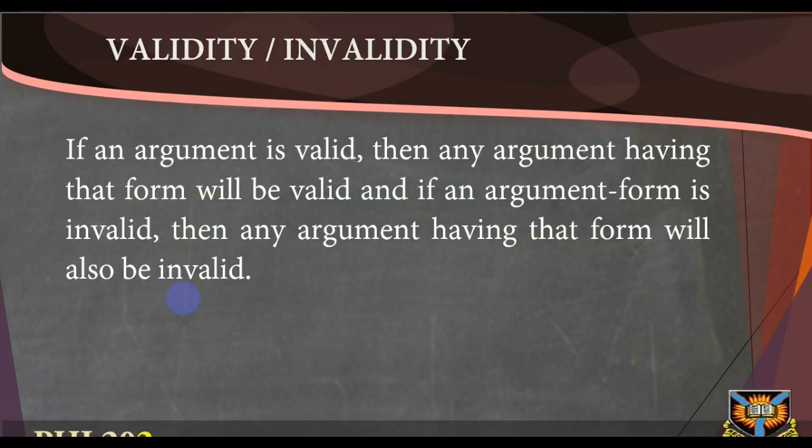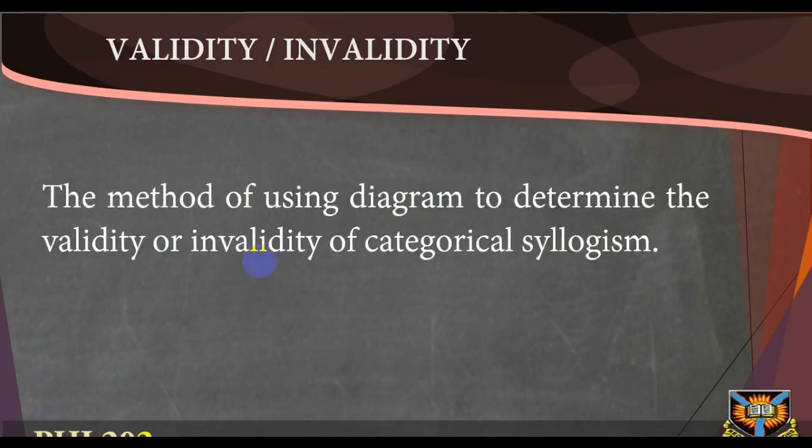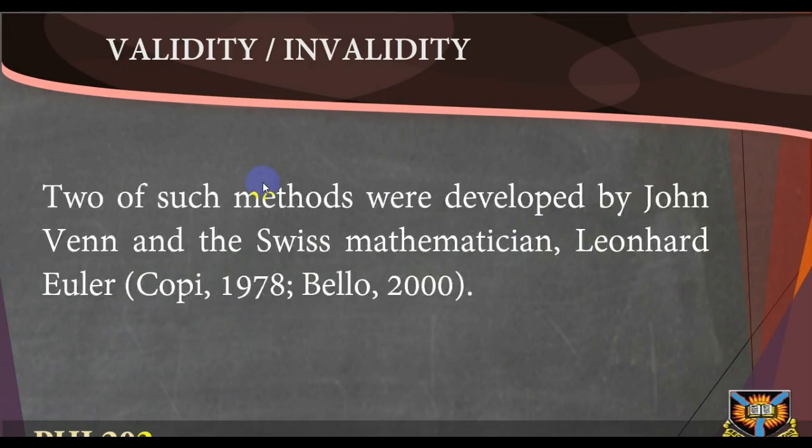Again, there is the method of using diagrams to determine the validity or invalidity of categorical syllogism. Two of such methods were developed by John Venn and the Swiss mathematician Leonhard Euler (Copi, 1978; Bello, 2000).